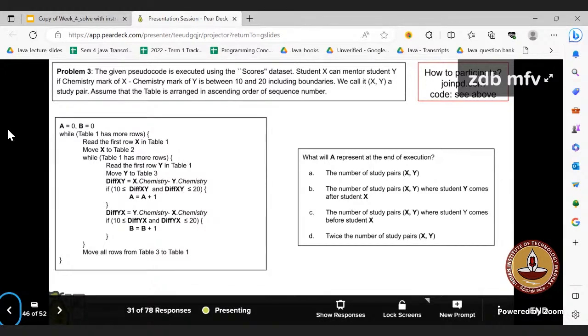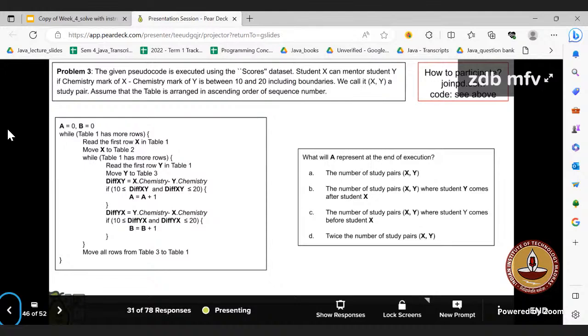So ma'am, B is wrong. Y comes after student X. That is not a pair, because they are a pair only if x dot chemistry is greater than y dot chemistry. If it is not greater, that is not a pair. X dot chemistry is less than y dot chemistry; in your case, 1 is less than 2. Yes, ma'am.